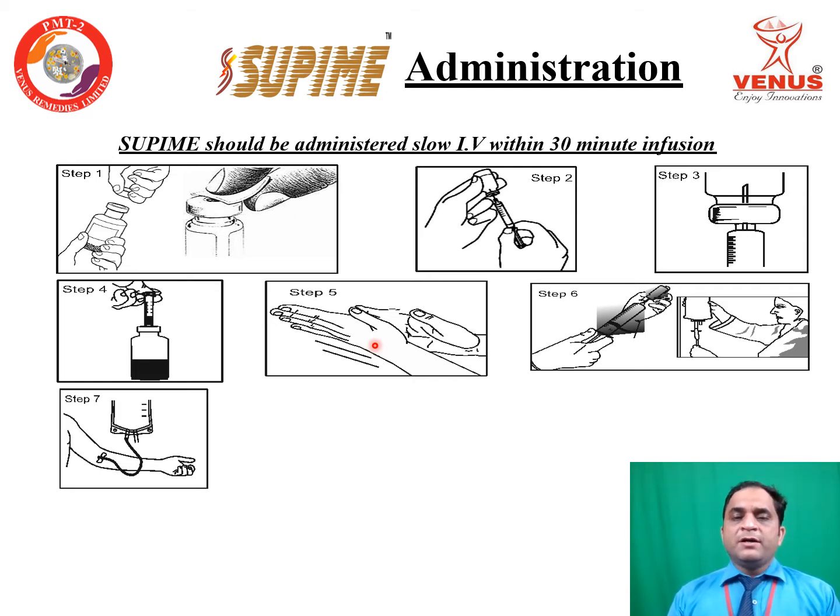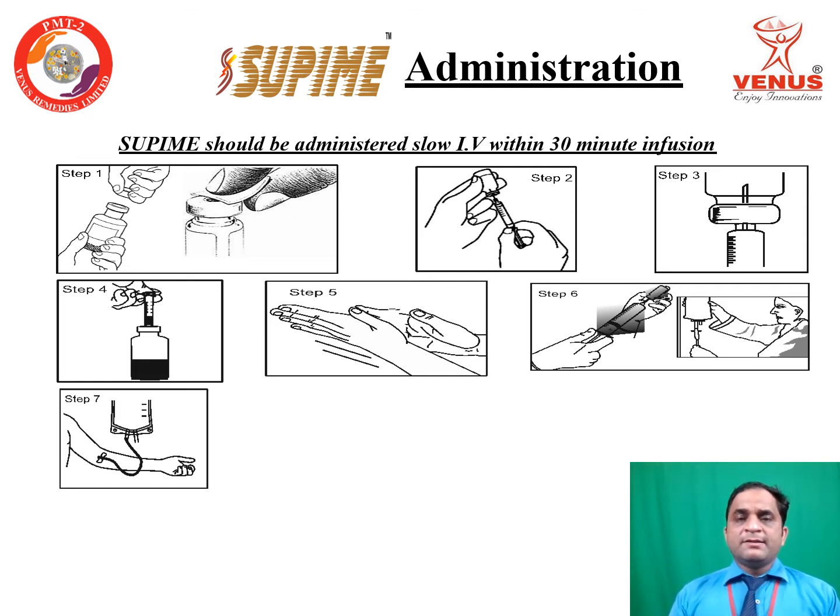After the drug dissolves properly, take this reconstituted solution again into the syringe, and through the syringe add this solution into the diluent. After loading the drug in such a way into the diluent, give this drug to the patient through IV.